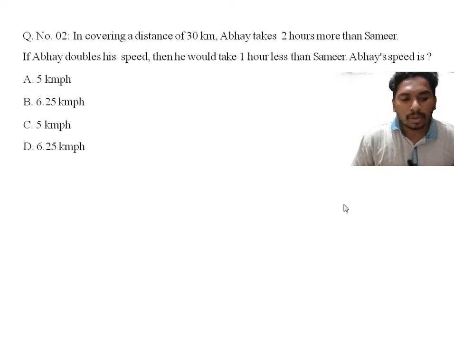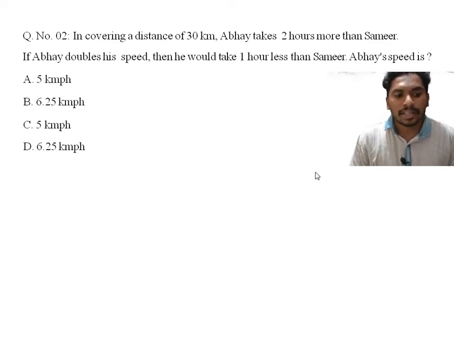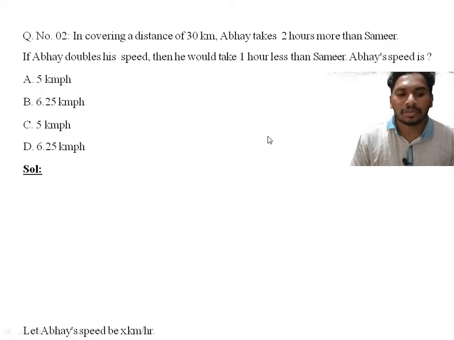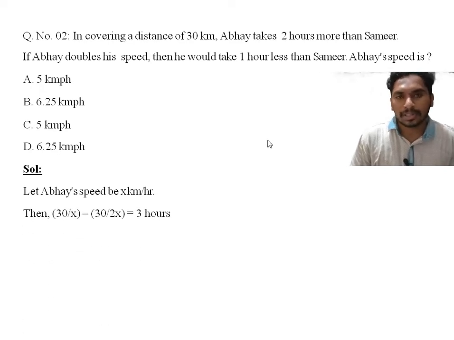Next, question number 2. In covering a distance of 30 kilometers, Abhay takes 2 hours more than Samir. If Abhay doubles his speed, then he would take 1 hour less than Samir. Abhay's speed is, okay, let us solve this. We are considering Abhay's speed as x kilometers per hour.